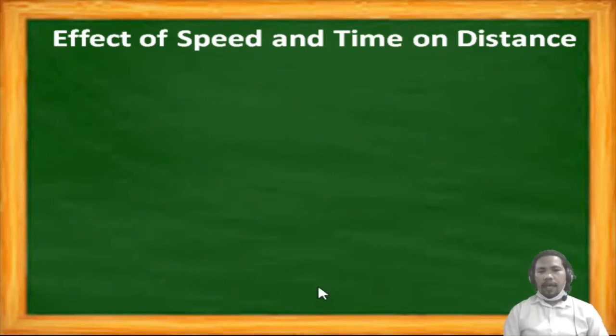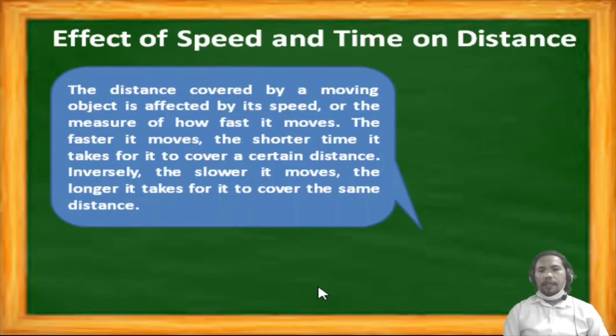Effect of speed and time on distance. The distance covered by a moving object is affected by its speed, or the measure of how fast it moves. The faster it moves, the shorter time it takes for it to cover a certain distance. Inversely, the slower it moves, the longer it takes for it to cover the same distance.